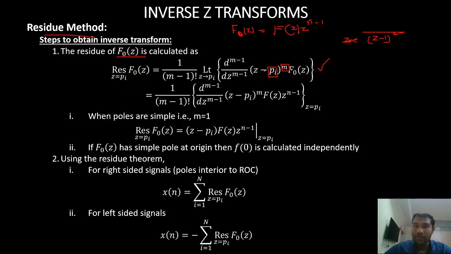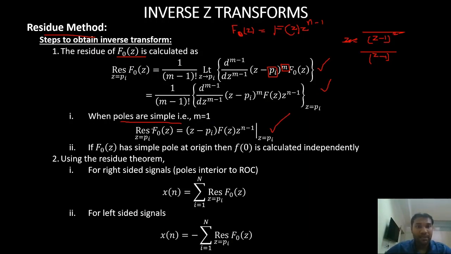Then when Pi is equal to 1, my m is equal to 2. When I have z minus 1 in the denominator, then my m is 1. That means my pole is a simple pole. So these are the different formulas we have.